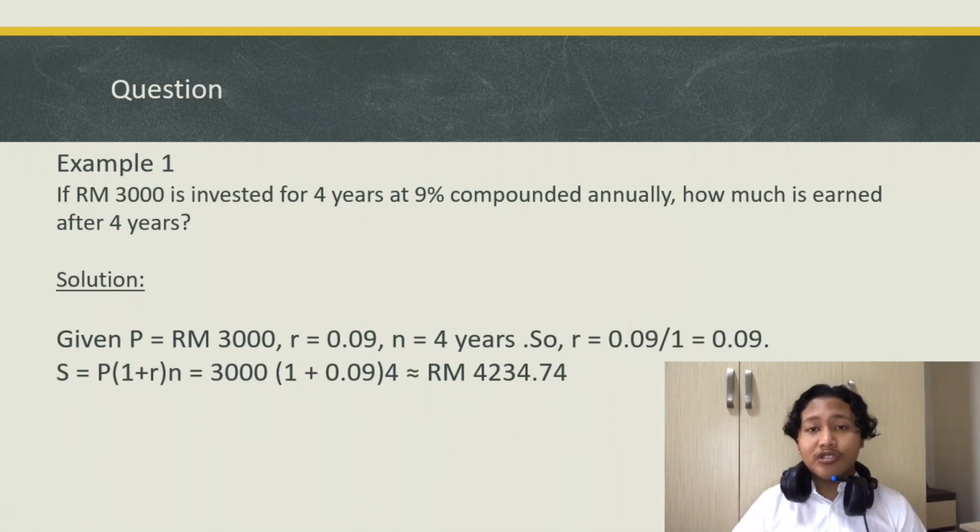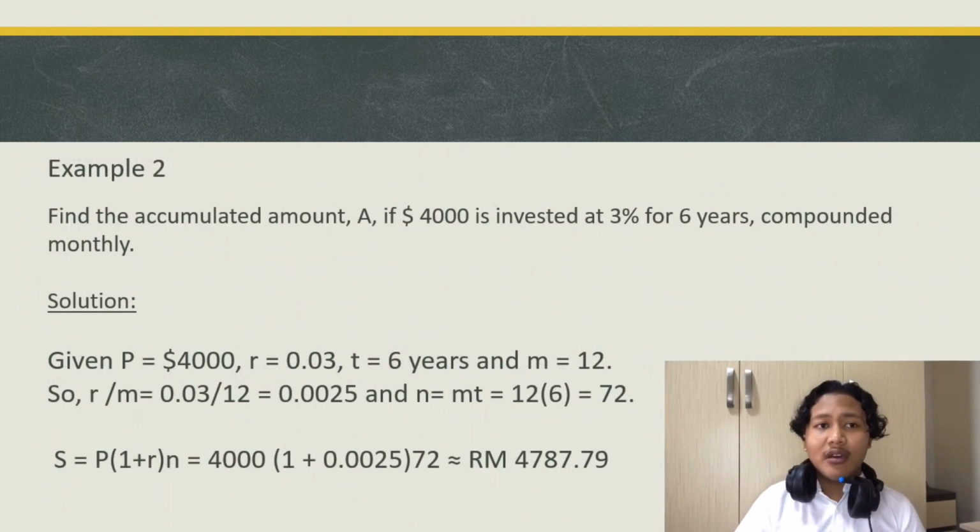P is equal to 3,000 that we invested in our saving account, R is equal to 9% compounded annually, and N is equal to 4 years, because the question asks for 4 years. So we put the items into the future value formula: 3,000 times (1 plus 0.09) to the power of 4, and you will get RM4234.74.